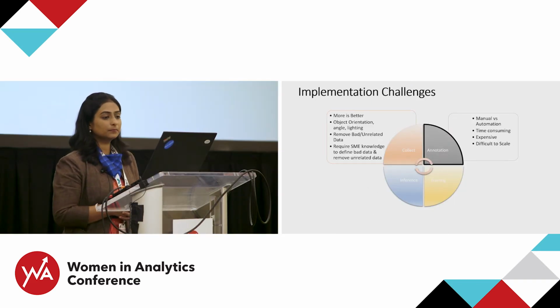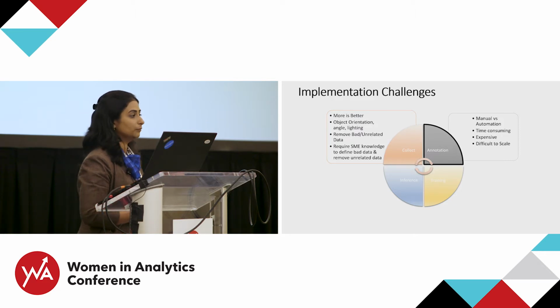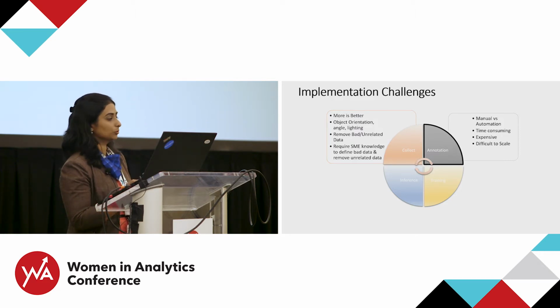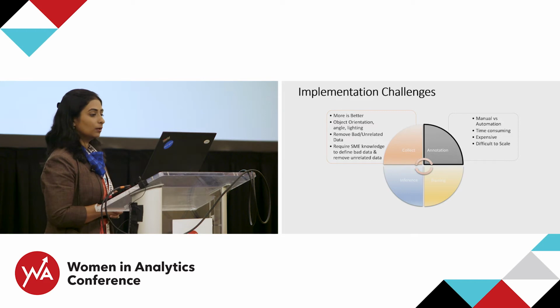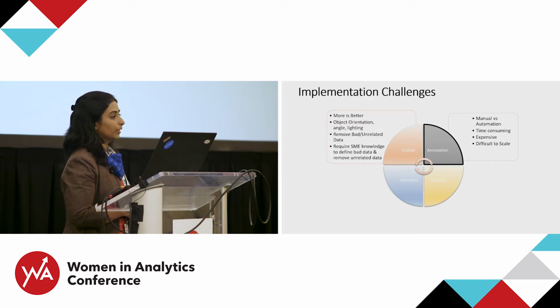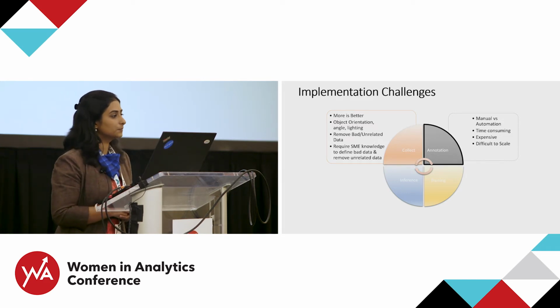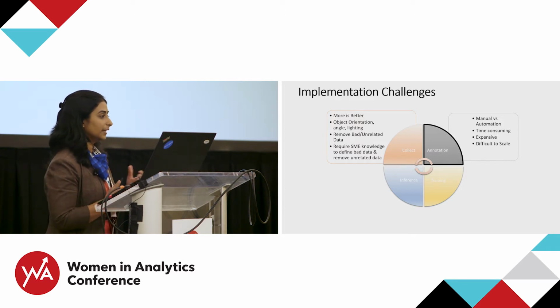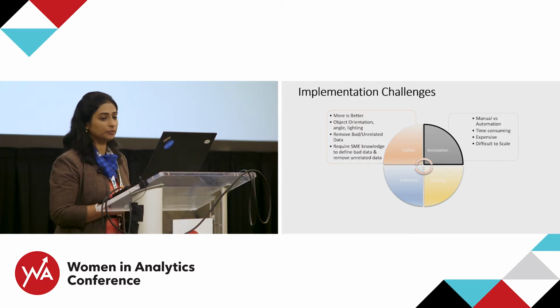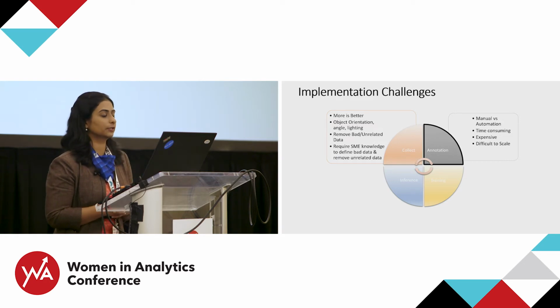The next step, which is annotation, has its own problem of manual versus automation. Manual annotation, as I mentioned before, is time-consuming, very expensive, and difficult to scale. So when your data is large, the cost to annotate custom data increases significantly.